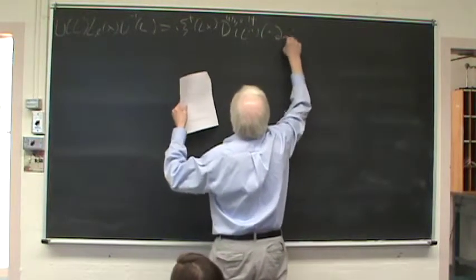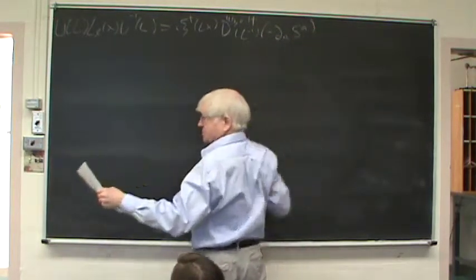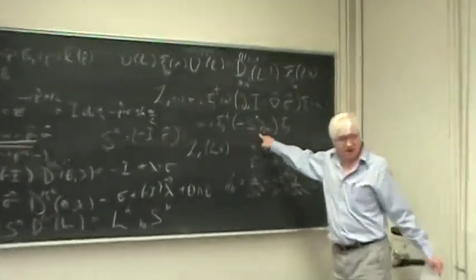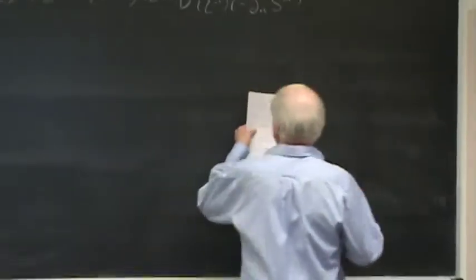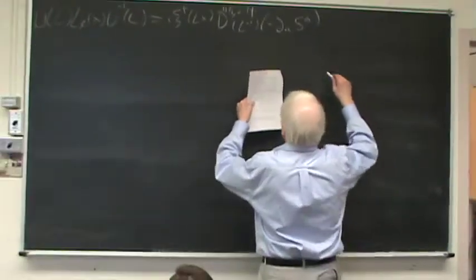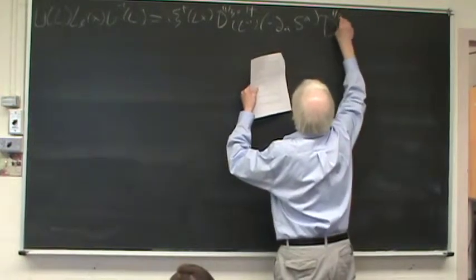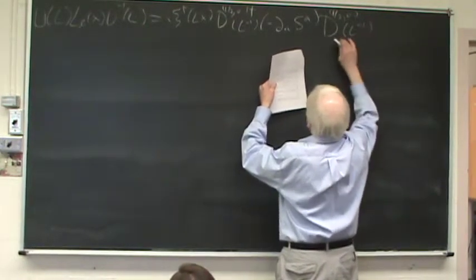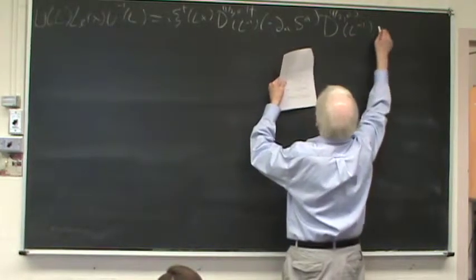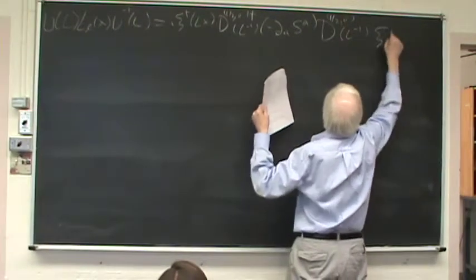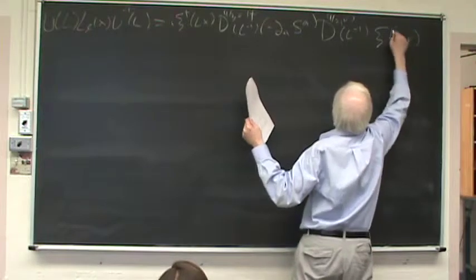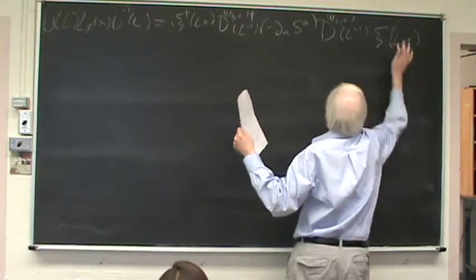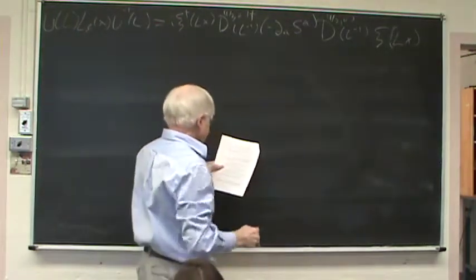And then we'll have minus ∂_a, which is what I wrote here. And now D(1/2, 0) of L inverse, this being a 2 by 2 matrix, of course. And then ψ of Lx.